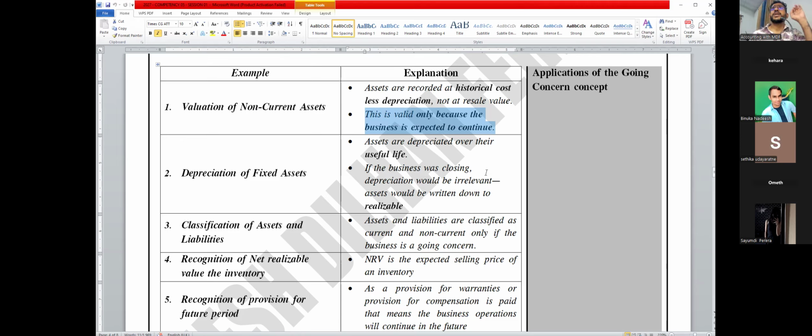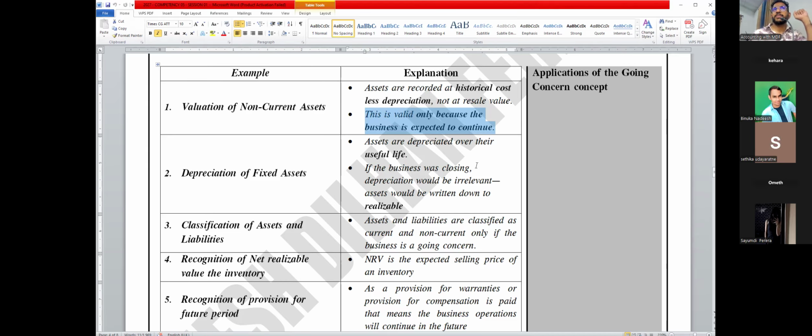Assets would be written down to realizable value, because if the business is planning to wind up after this year, there is no use in recording cost or depreciating it. This is how depreciation on fixed assets is influenced by the going concern concept.